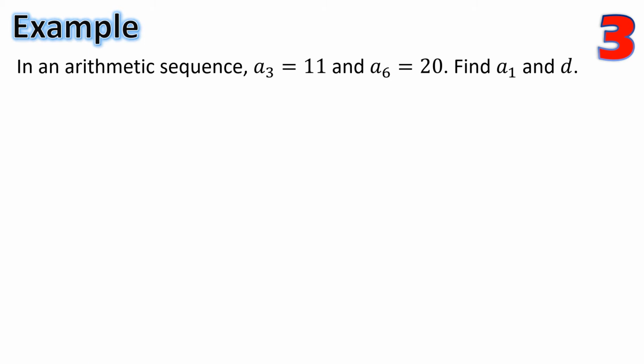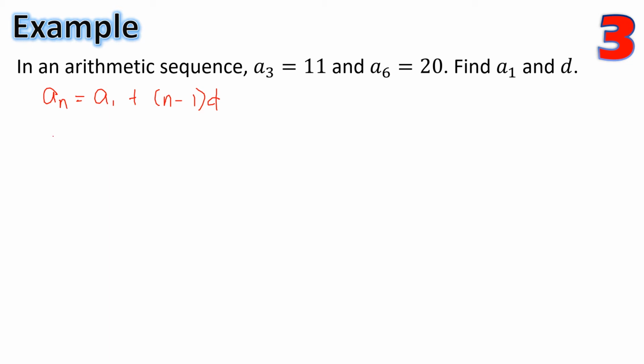Since we're given a sub 3 is equal to 11, let us use the formula a sub n is equal to a sub 1 plus n minus 1 times d, and get the equation for a sub 3 and a sub 6 in terms of a sub 1 and d.